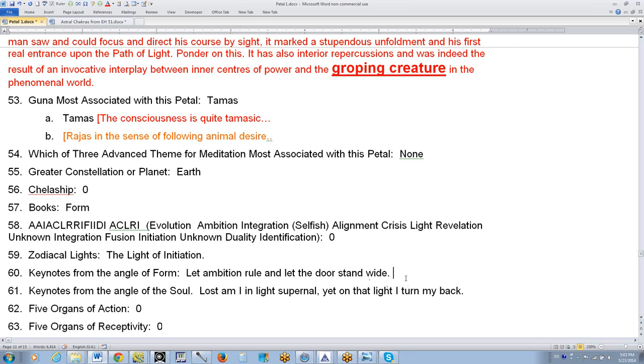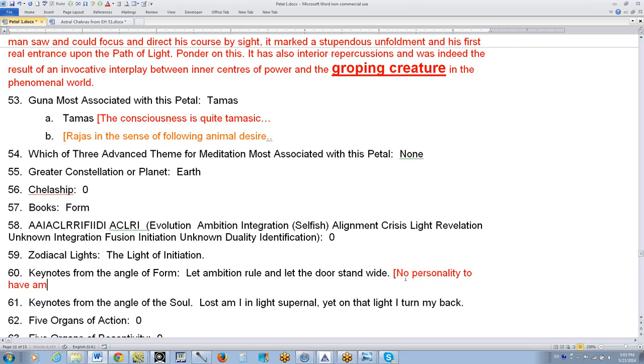There may be Capricorn, but no personality to have ambition. There is a huge animal creature with great power learning something about the environment and breaking the law and learning as he goes.